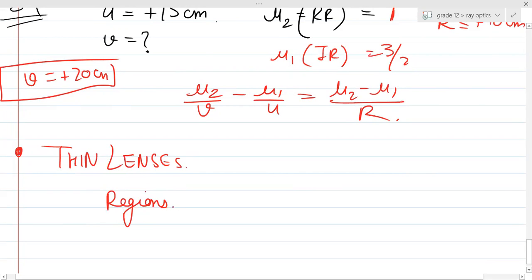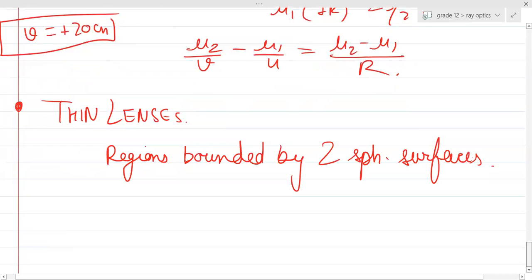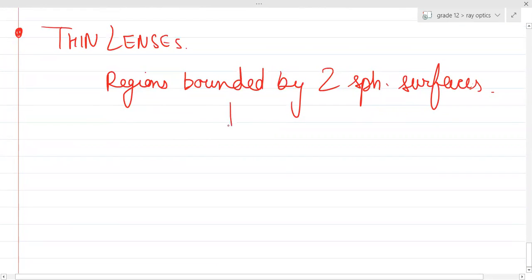Lenses are basically regions which are bounded by two spherical surfaces. So the regions which are bounded by two spherical surfaces are called lenses. Okay. There are two types of lens.